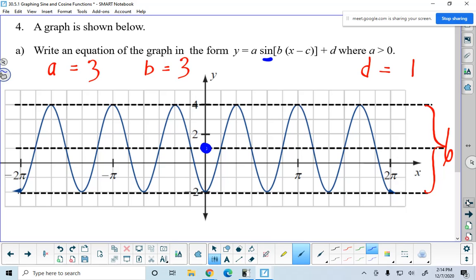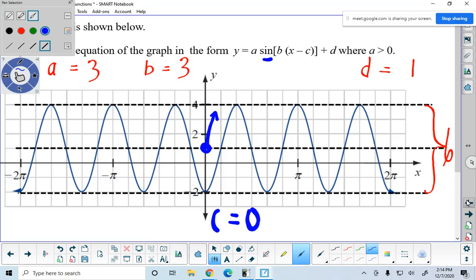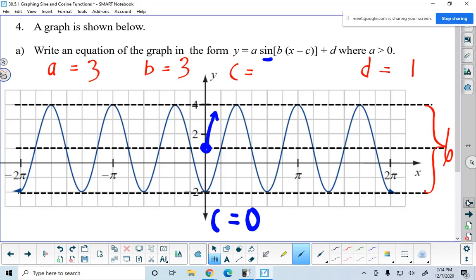Sine normally starts in the middle and goes up. That blue graph would have a c value of 0, but it wouldn't give us the graph we want. So the question is, how much do I have to shift that blue graph to make it match the graph we're after? And the answer is, I need to shift it this much, if you look at your screen.